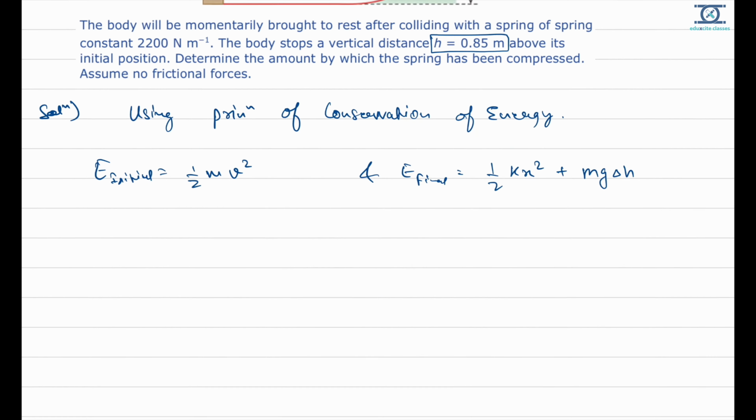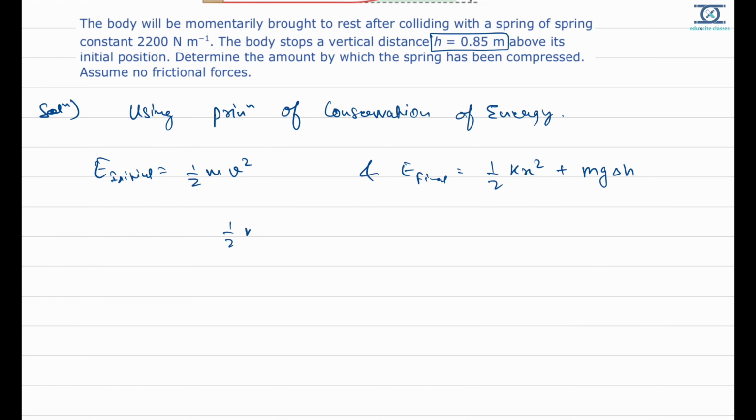Now if you equate these, half m v square is equal to half k x square plus mg delta h. So half m v square minus mg delta h is equal to half k x square.